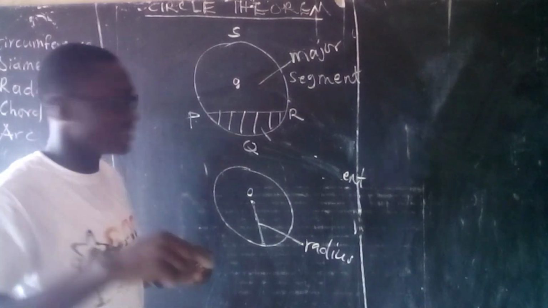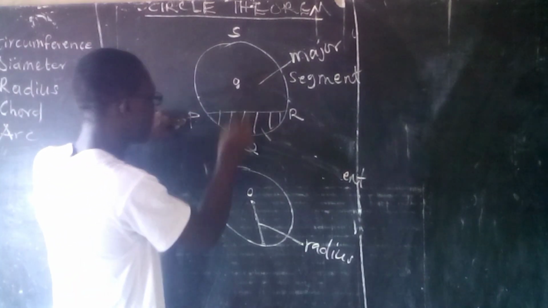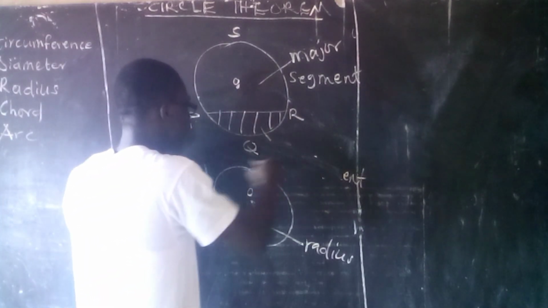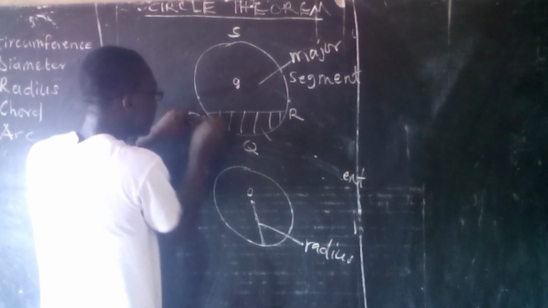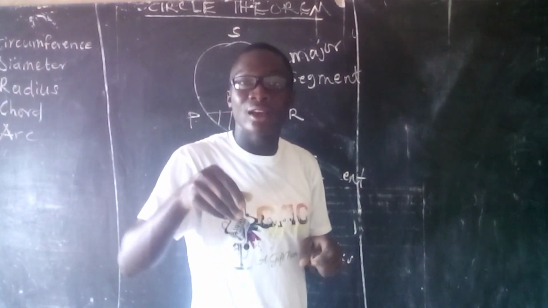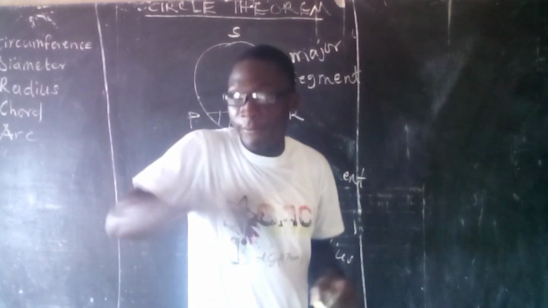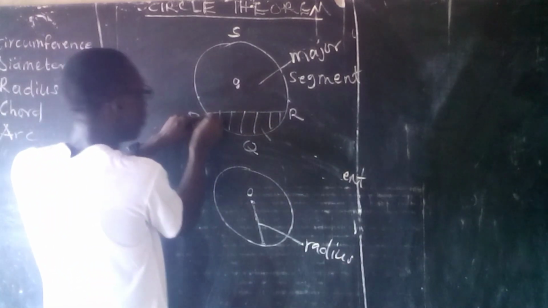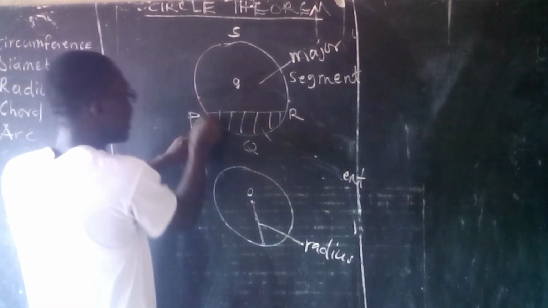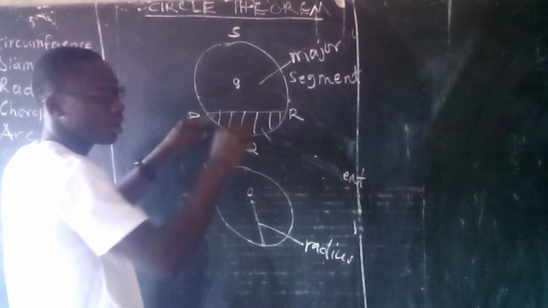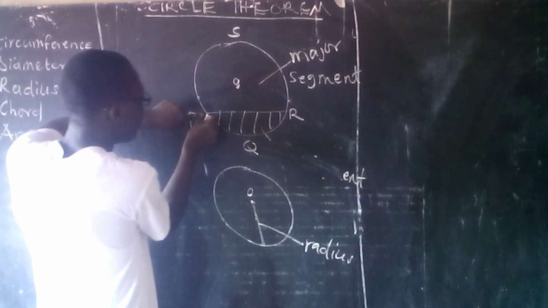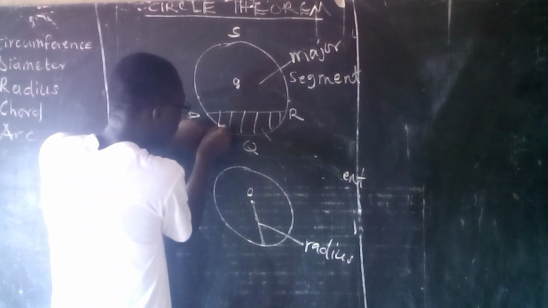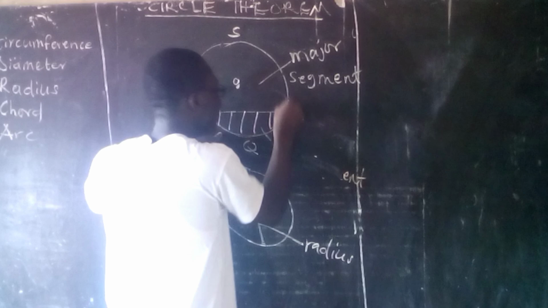So the distance from P, Q to R becomes the arc. So this is the arc. The arc is part of the circumference. This whole distance is the circumference of the circle, and this smaller portion of the circumference becomes the arc.